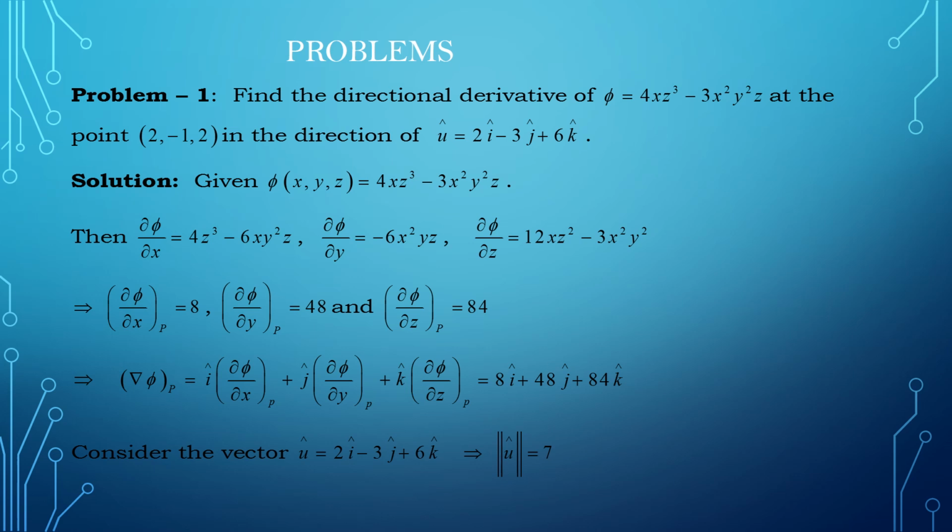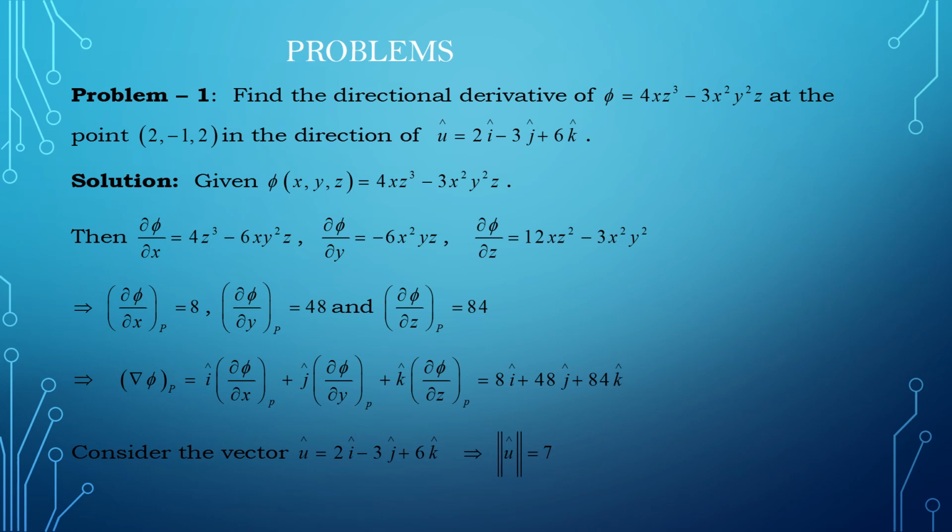Now we have to find dou phi by dou x at the given point P. To find it, we substitute x equals 2, y equals minus 1 and z equals 2 in dou phi by dou x. Then we get dou phi by dou x at P equals 8.